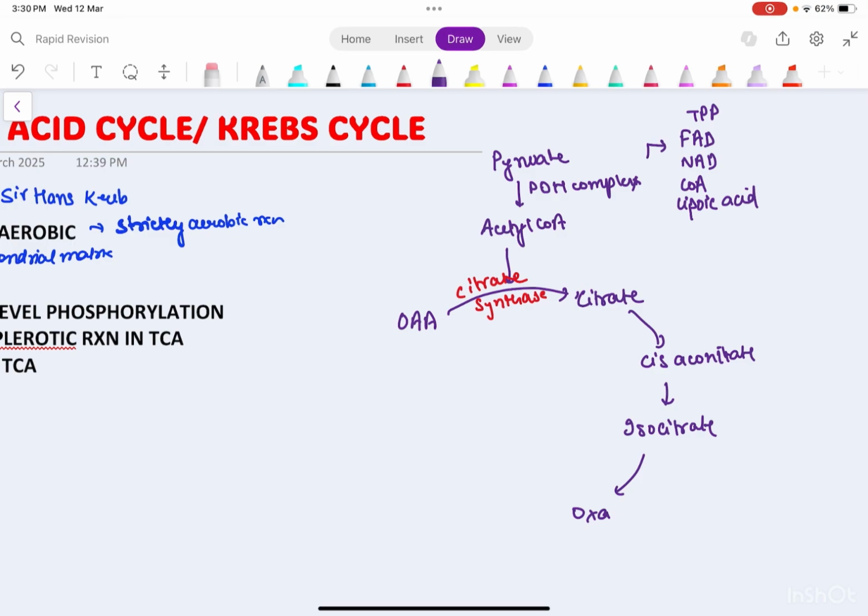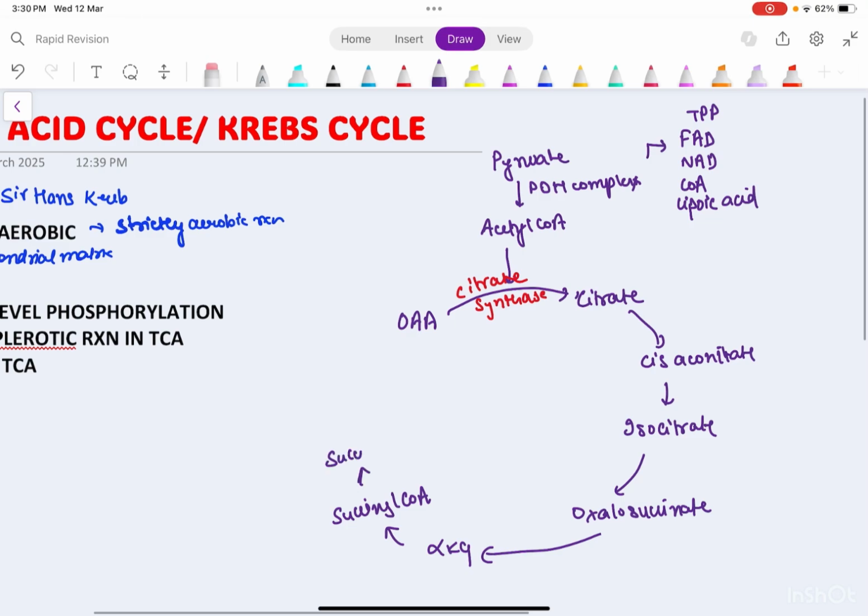Isocitrate will form oxalosuccinate. Oxalosuccinate forms alpha ketoglutarate. Alpha ketoglutarate forms succinyl CoA. Succinyl CoA forms succinate. Then succinate forms fumarate, and fumarate forms malate, which in turn forms oxaloacetate.